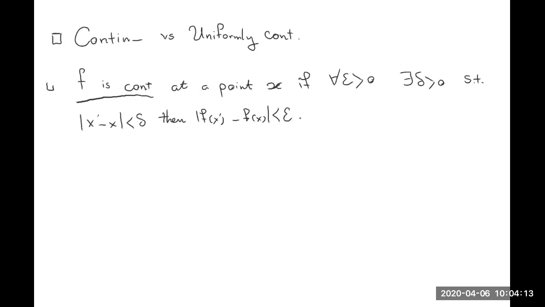So the important thing is that it's defined at a given point, at a point x. We have another definition. We say f is uniformly continuous. Being uniformly continuous is defined everywhere.